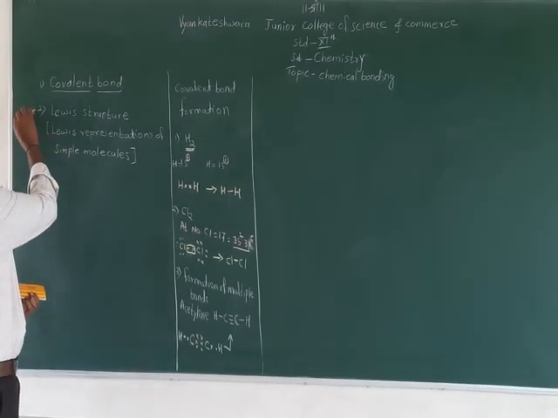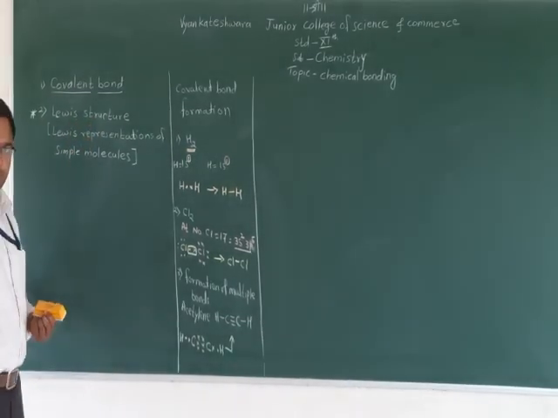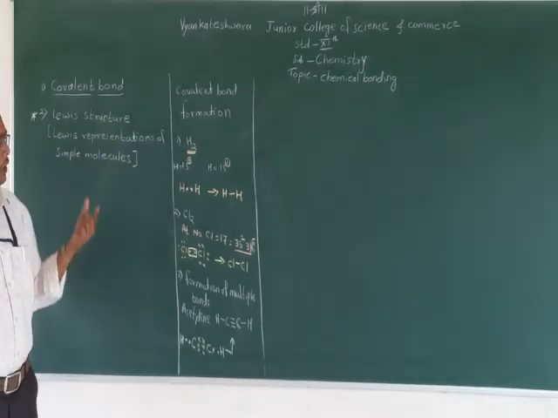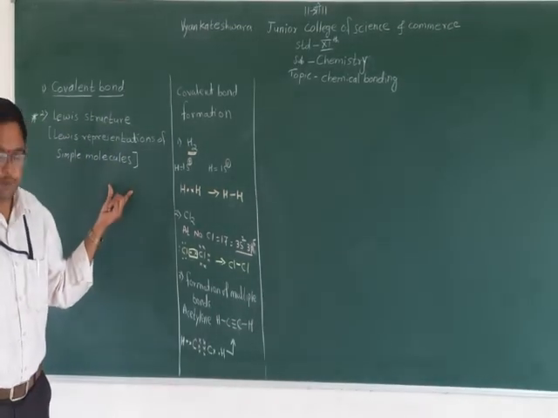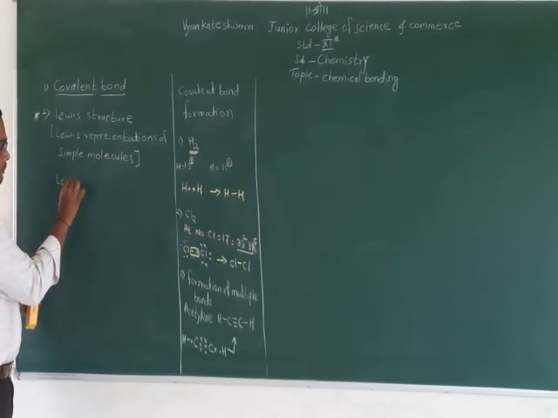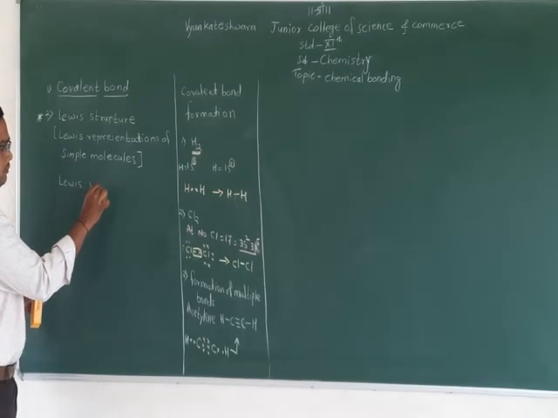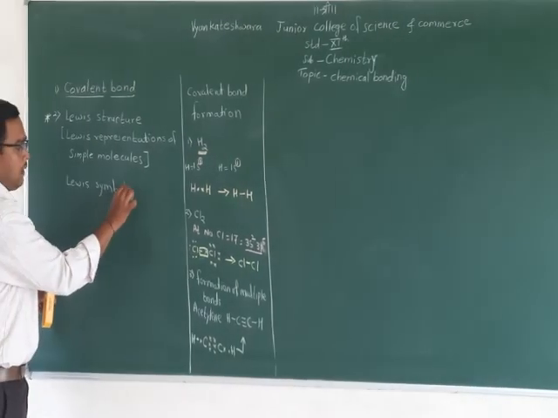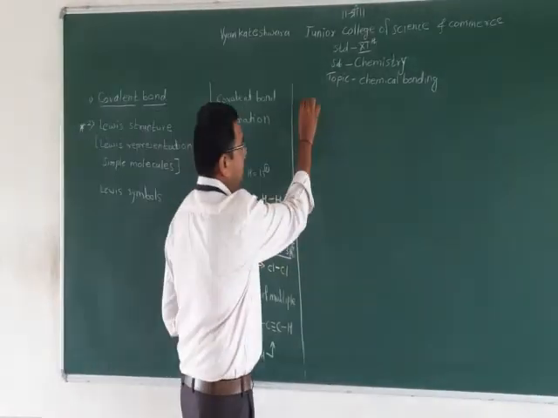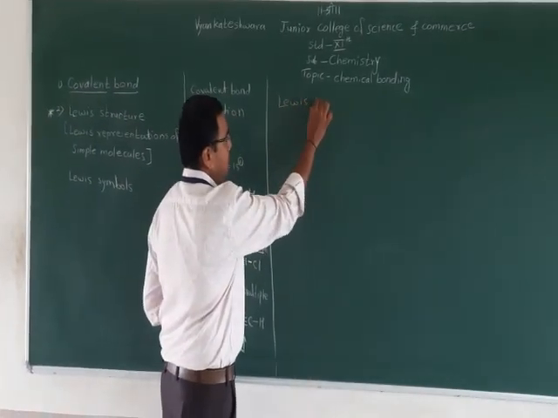Next, the most important point is the Lewis structure. This Lewis structure is also called the Lewis representation of simple molecules, or Lewis symbols of the molecule.